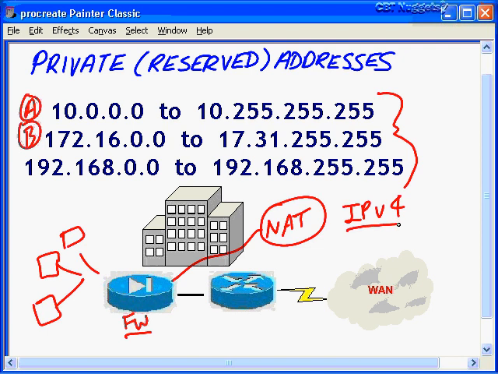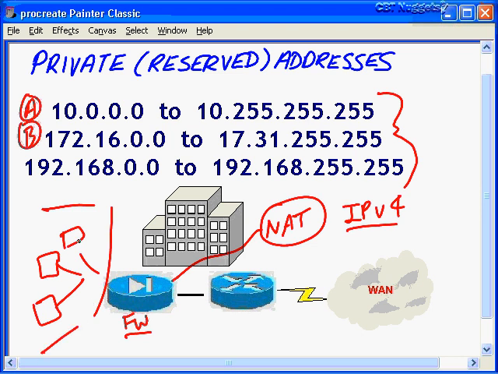Remember, there's only a finite number of addresses in that 32-bit address space, and quickly, when the World Wide Web came into being early on in the 90s, man, just the explosion, and we ran out of addresses really quickly. So network address translation allows different companies to use the same IP addressing scheme inside their corporate networks.